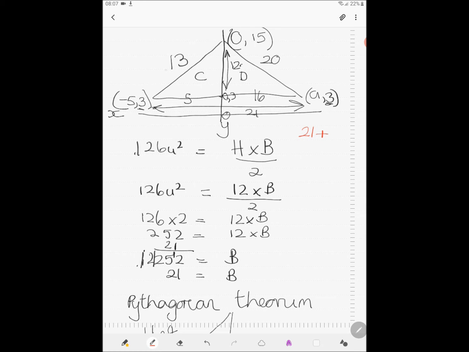Add my hypotenuse over here, this side here, which is 13. Add my other hypotenuse on the other triangle, which is 20. That has given me the total of the entire shape. So 1 add 3 gives me 4. 2 add 1 add 2 gives me 5. So the perimeter of the entire shape is 54 units.